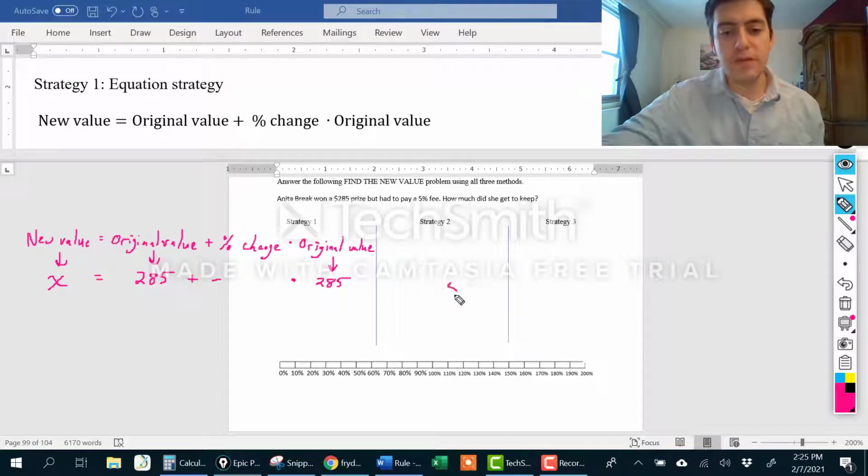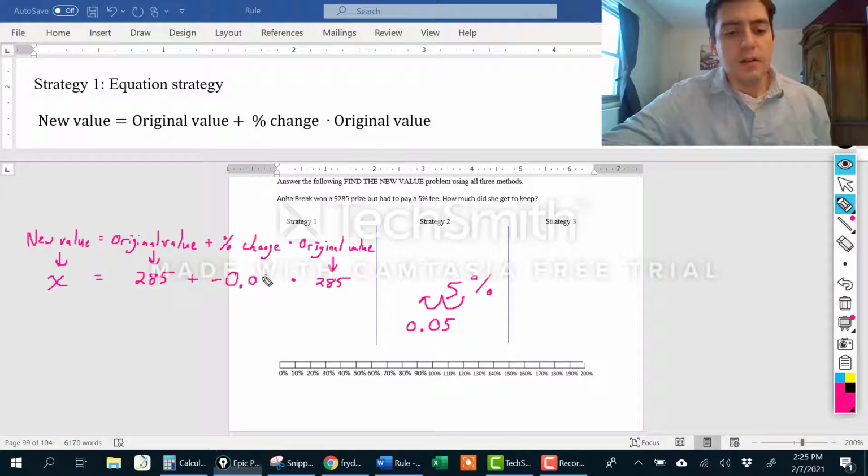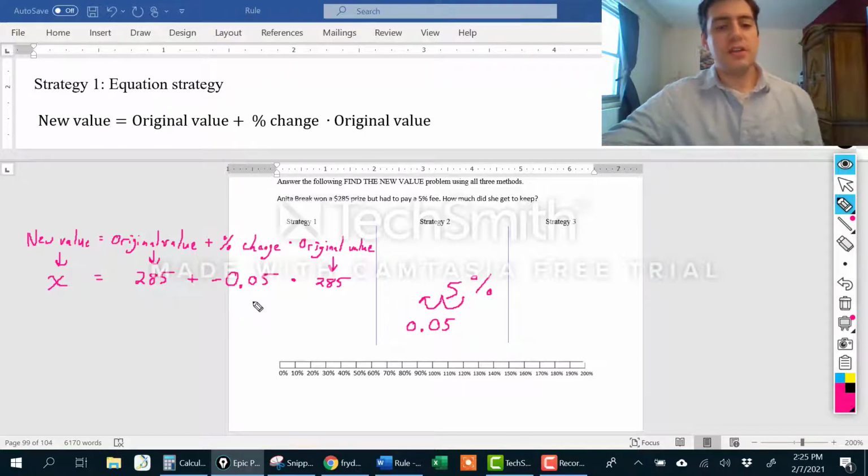So just remember, if I want to convert a percent into a decimal, I take the decimal point, and if you don't see where the decimal point is, like here, there's no decimal point written, then it comes at the end of the number. Just move it 2 spaces to the left, and that'll be your new number. So this one is going to be 0.05. Okay, and there is our equation.